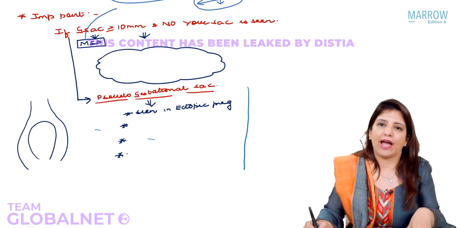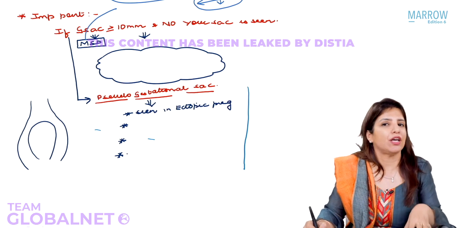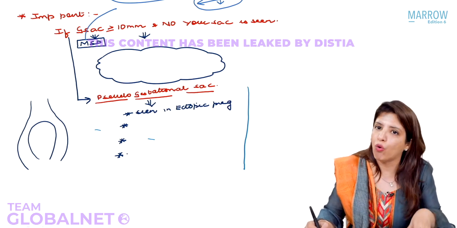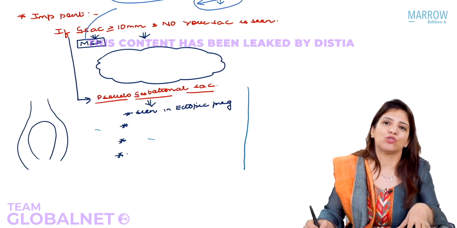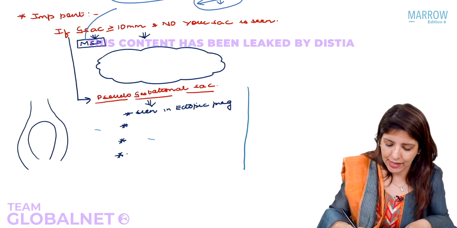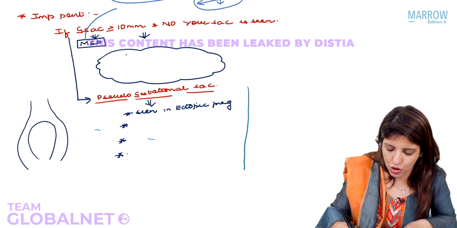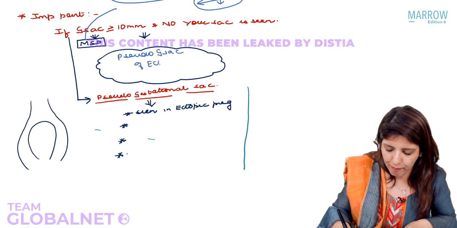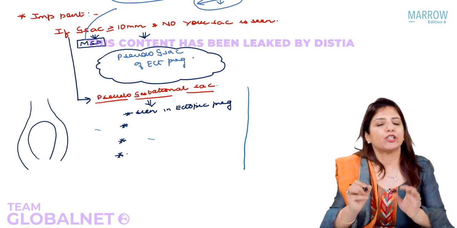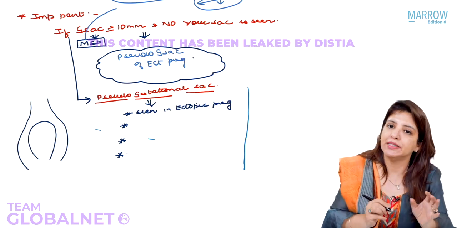Now, what is your diagnosis? Please remember that if gestational sac is more than 10 millimeters and still a yolk sac is not seen, it means that this gestational sac is a pseudo-gestational sac of ectopic pregnancy. It is not a true gestational sac.